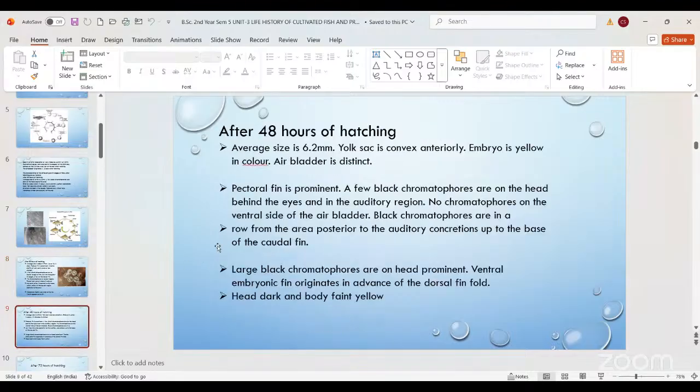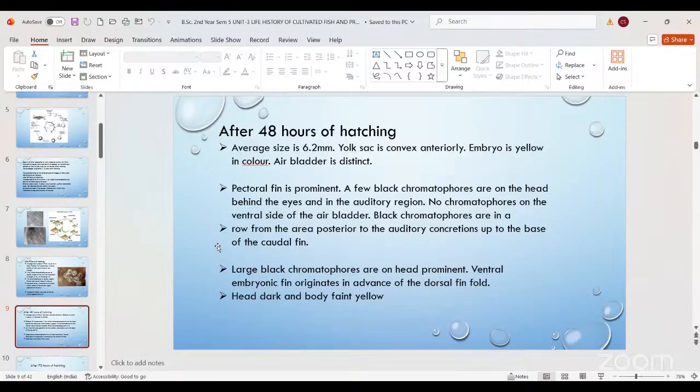After 48 hours of hatching, average size is 6.2 mm. Yolk sac is convex anteriorly. Embryo is yellow in color. Air bladder is distinct. Pectoral fin is prominent. A few black chromatophores are on the head, behind the eyes, and in the auditory region. No chromatophores on the ventral side of the air bladder.